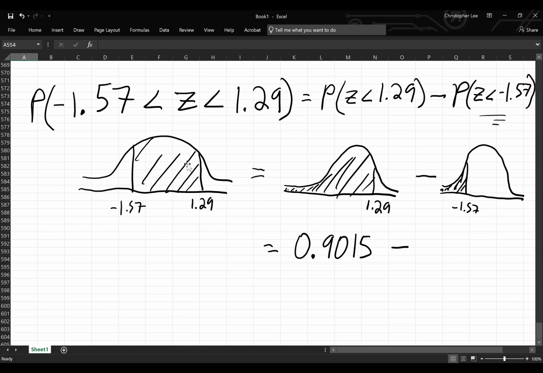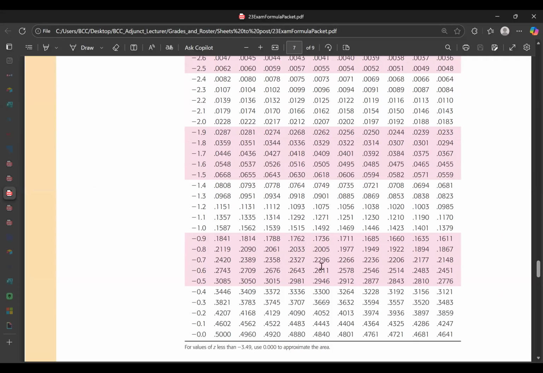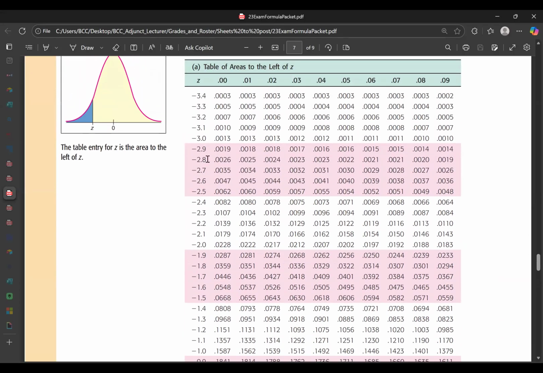I want to subtract that from the other probability, which is negative 1.57. Let's look that up. I'm coming back here, and I want to go to the negative table now. Negative 1.5 is right here. Now I want to look at where the 7 is. I have 0, 1, 2, 3, 4, 6, and here's 7.